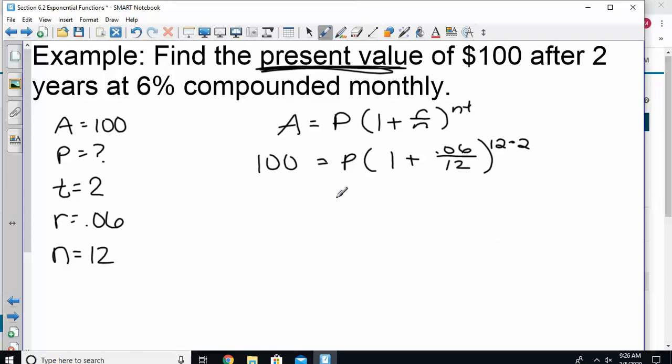You are welcome to simplify this, but you could just go straight to putting it in your calculator. So if I'm going to type all this in my calculator, I'm doing 100 divided by, and then that parenthesis 1 plus 0.06 divided by 12, to the 12 times 2 power.